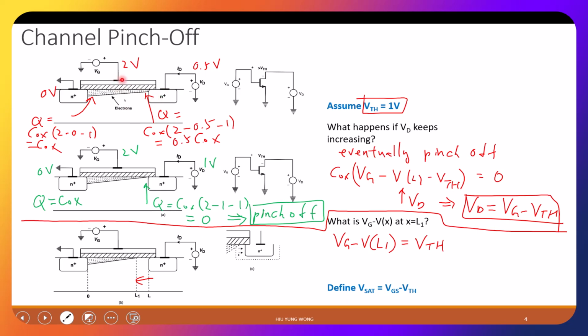And so we apply a gate voltage to it to invert the channel from accumulation mode to depletion mode and eventually to inversion mode. Inversion mode means that originally I have a lot of holes in the substrate because it is a P-type substrate.